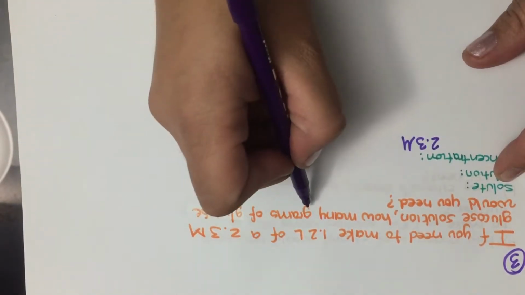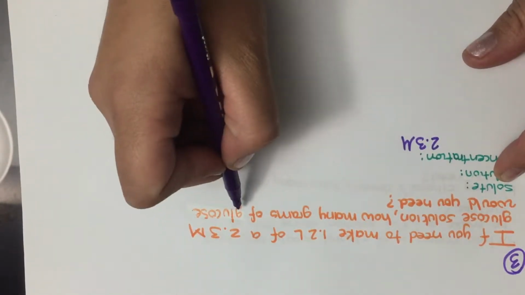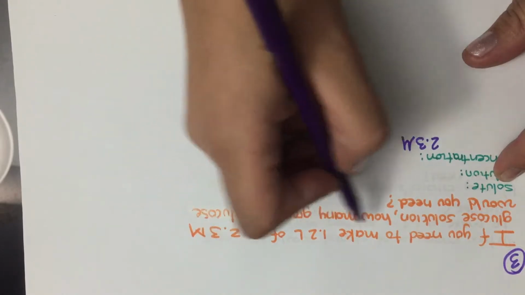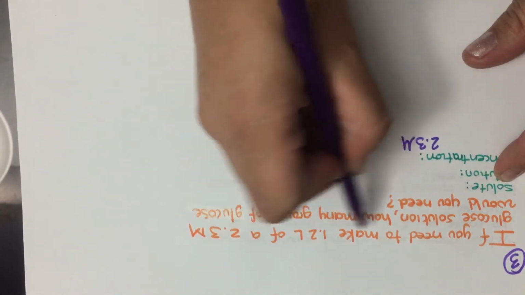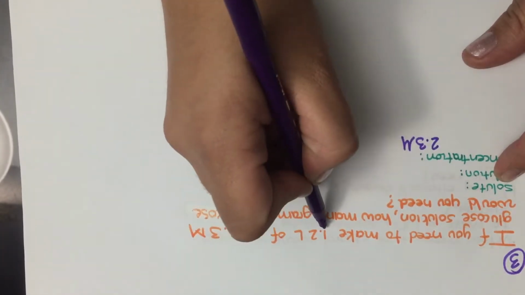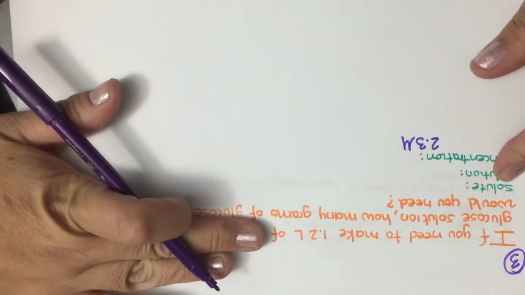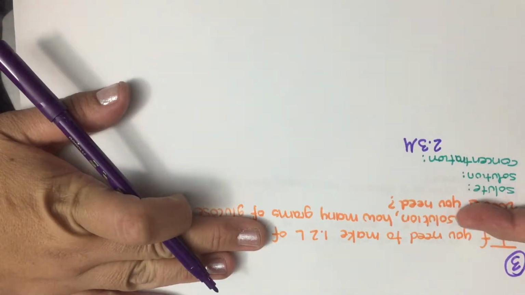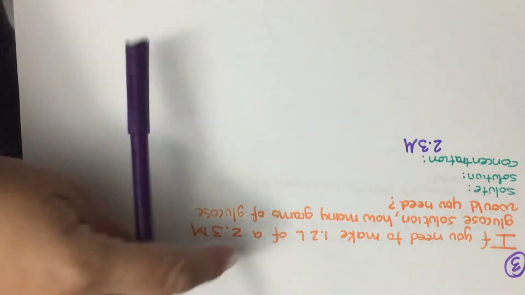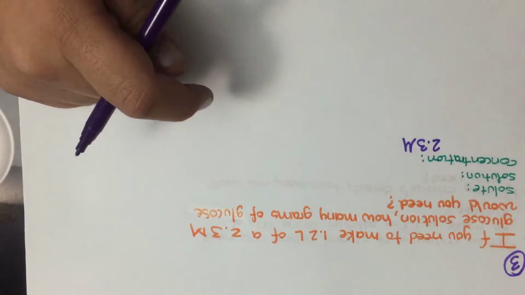So if they are asking you for grams of glucose, okay, then that means that they are giving you the liters of solution. So here, just read this part here. 1.2 liters of, okay, imagine this is not here, solution, okay? This is just describing the solution that you have.